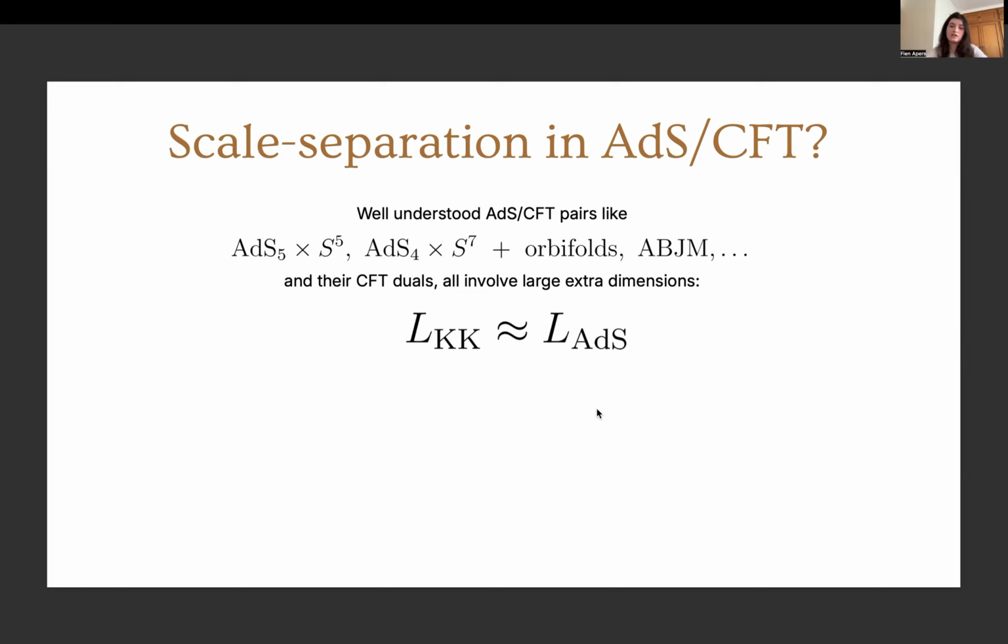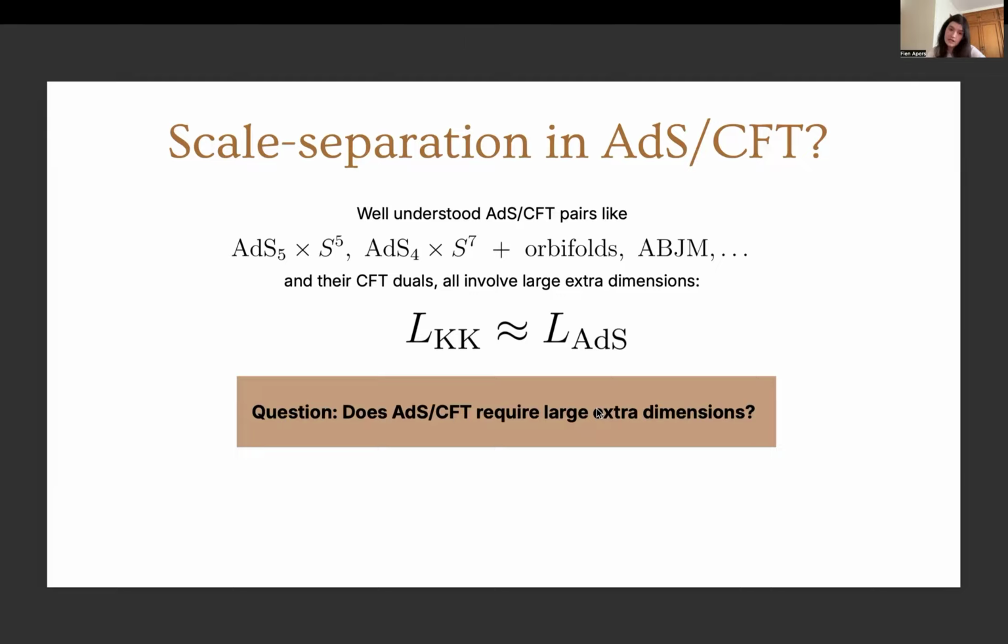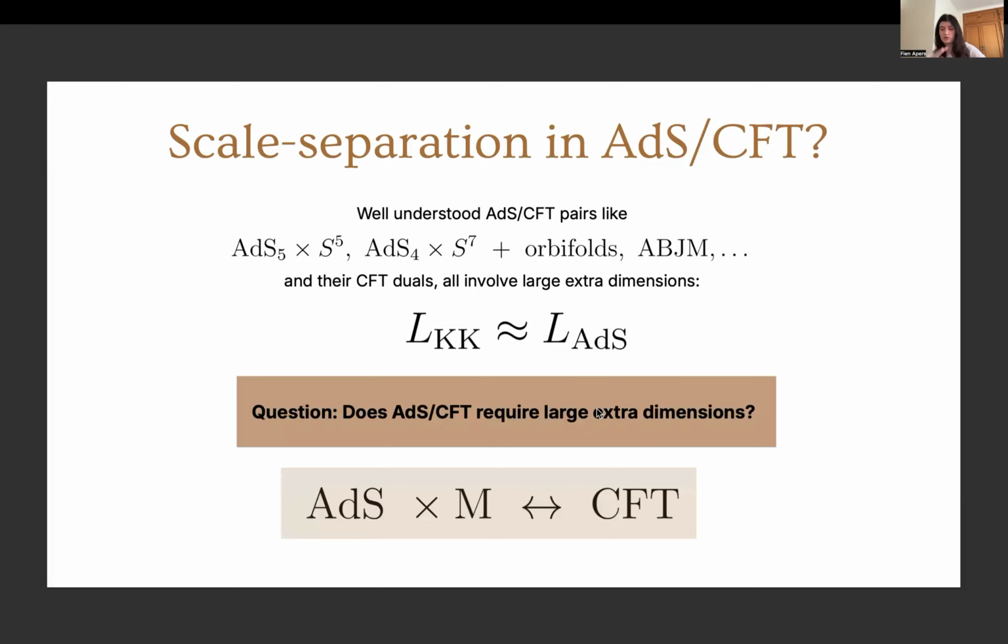So they are not scale separated at all. And so we can ask the question: does AdS/CFT actually require these large extra dimensions in string theory? Do we need AdS times some large manifold to be dual to a CFT, or is this maybe not needed? And do we actually have to find an entirely new class of conformal field theories?